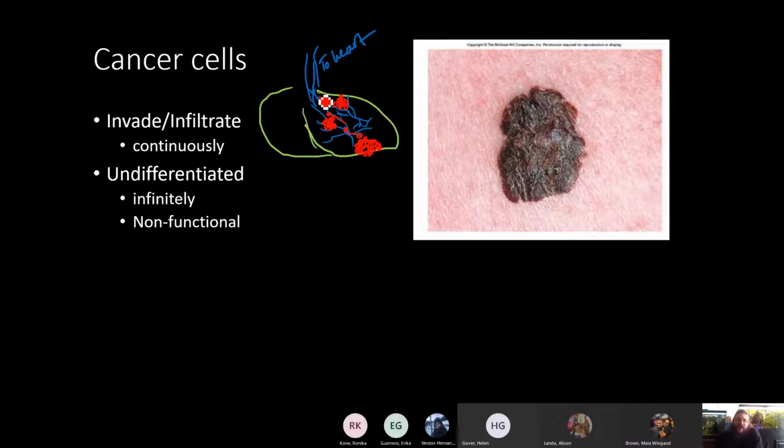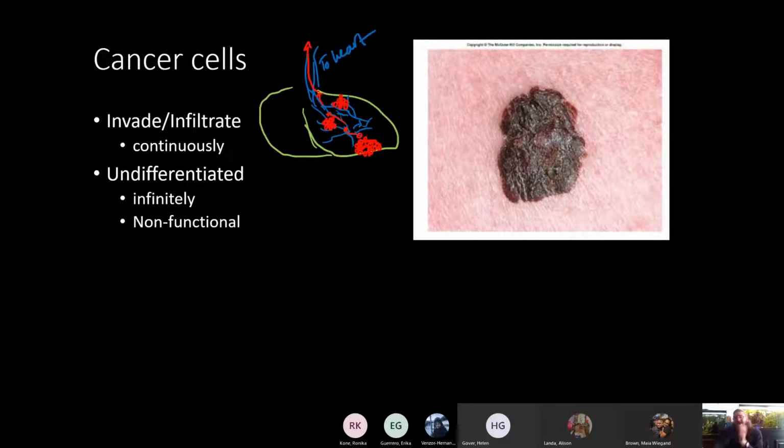And eventually it can spread into the vessels that go to different spots. So if you have local cancer, that means it's only spread to nearby organs. So, you know, you might get liver cancer spreading to like your stomach or something because it's right up against it. Anyway, not great.